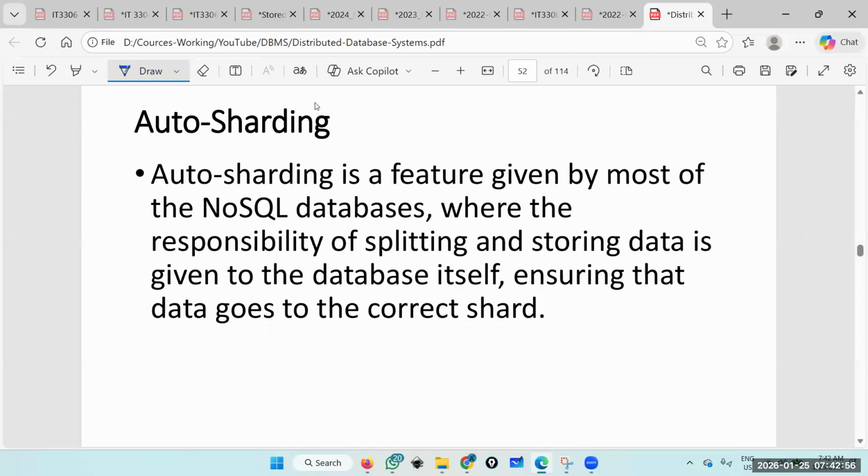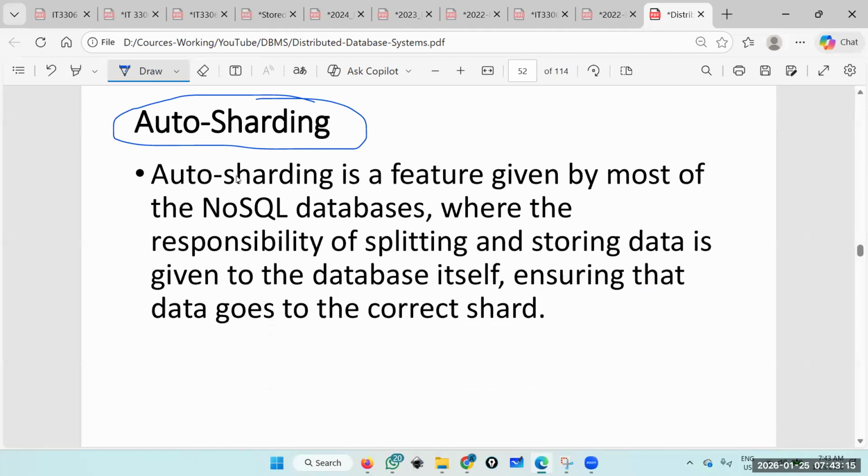Right. So auto-sharding means these decisions are taken by your servers depending on the user queries and so on, especially NoSQL databases. Because NoSQL databases are mostly cloud-based, redundancy is there.